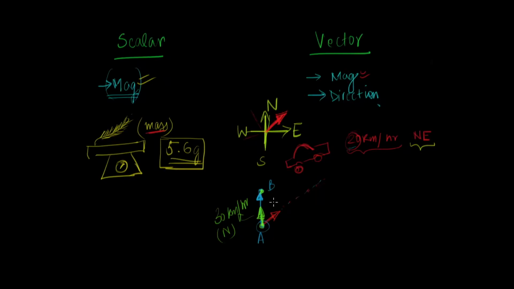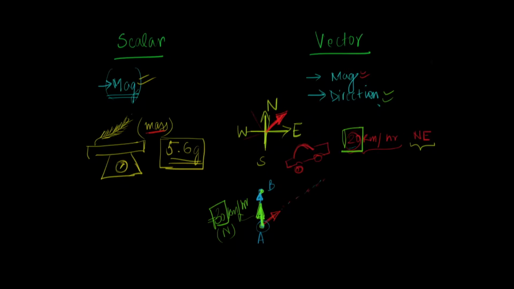It also differs in another attribute, which is the magnitude of this quantity that we are calling velocity. This car is moving much faster because it's moving with 30 kilometers an hour, whereas the original red car was moving with just 20 kilometers an hour. So we see here that at times we do require direction in addition to magnitude to define certain quantities in physics, and those quantities are what we call vectors.